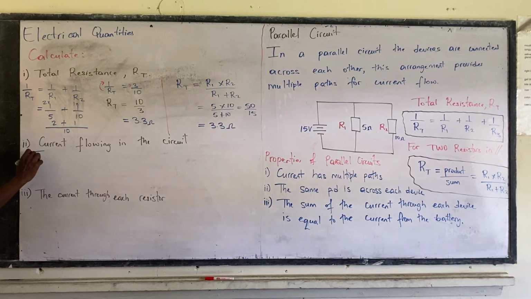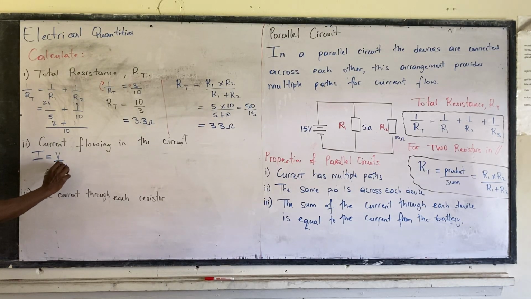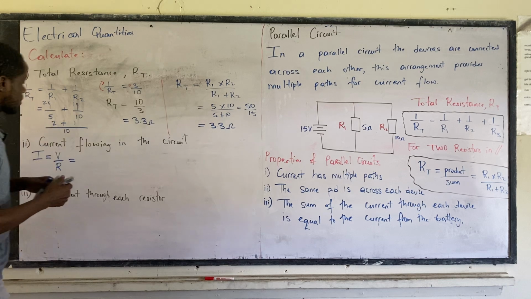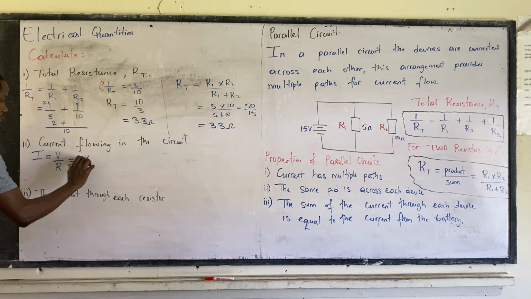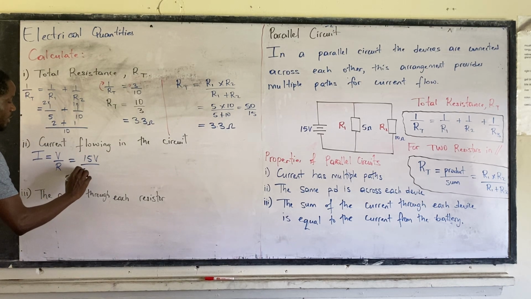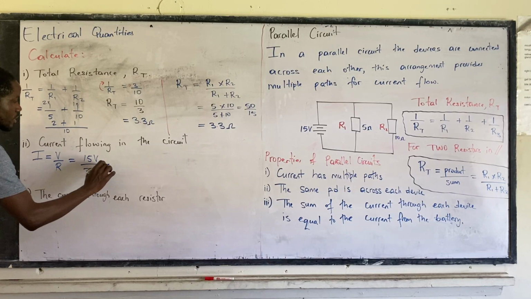So the current I is equal to V over R, right? Where V is the source, which is 15. So we're going to have 15 volts divided by 3.3.